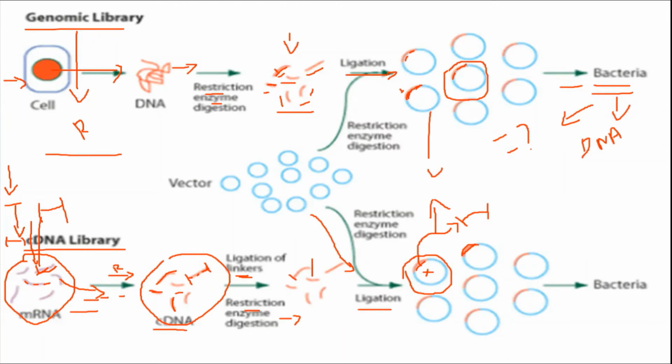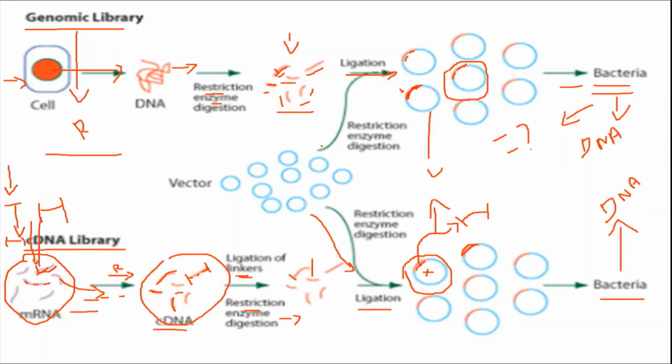And also in the genomic library, the source of the gene of interest is taken from the entire genome. But here we take mRNA, the mRNA is converted into cDNA, the cDNA is ligated into the vector, then transformed into bacteria. So at the time of cloning we can prefer the selection procedure called DNA hybridization method. You clearly understand what I told.